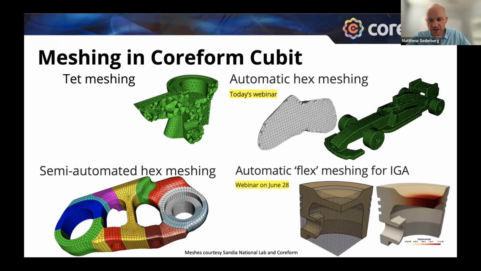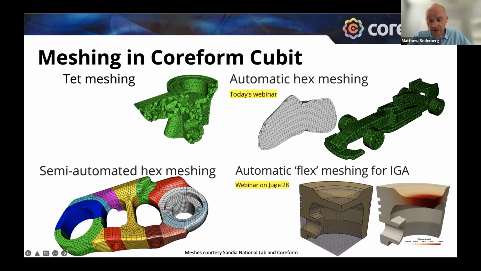And I should also just let you know that we have also recently developed automatic flex meshing capabilities in Coreform Cubit for isogeometric analysis. This is what we're very invested in at Coreform, is developing a new isogeometric analysis solver that can run simulations directly on CAD models by immersing them and fitting high quality, higher order smooth spline hex meshes to those models.